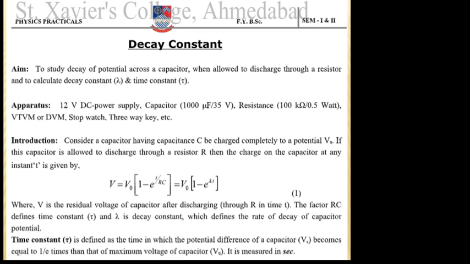So the time taken for a fully charged capacitor to become 1 by e times its value is called the time constant of the capacitor. So I repeat, it is defined as the time in which the potential difference of a capacitor, that is Vc, becomes equal to 1 by e times that of the fully charged capacitor or the maximum voltage of the capacitor. Right. And lambda, as it is named, is the decay constant: the rate at which the capacitor decays is known as the decay constant.